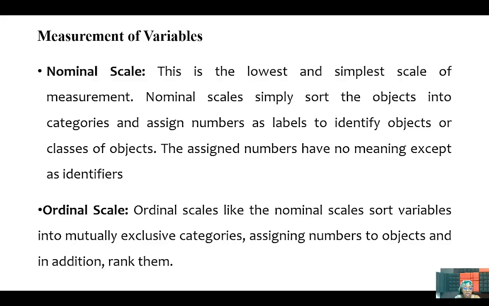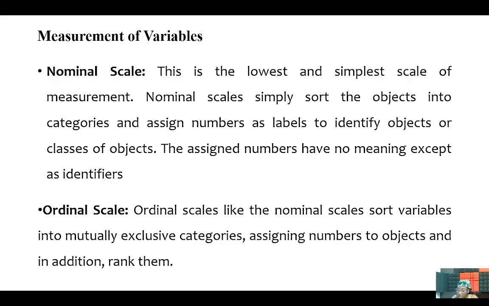Let's say the green is 1, the blue is 2, and the red is 3. In this case, there is no specific order. We could still bring the red to 1 and take the green to 3. It will not change the variables in any way. The order in which they appear does not matter in a nominal scale of measurement.